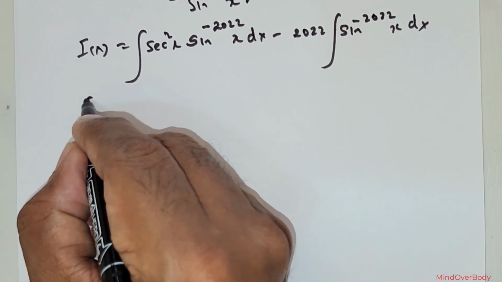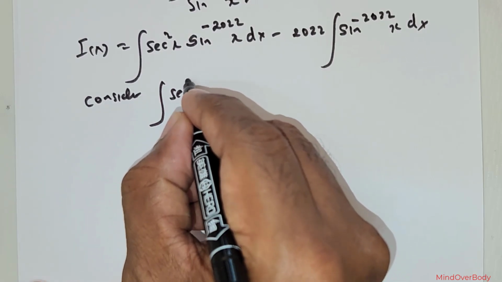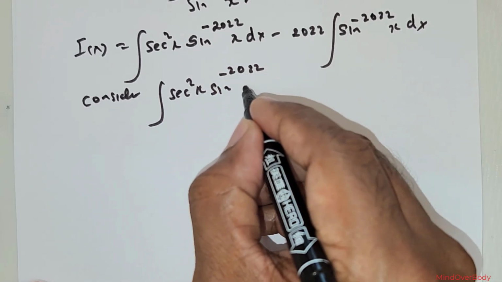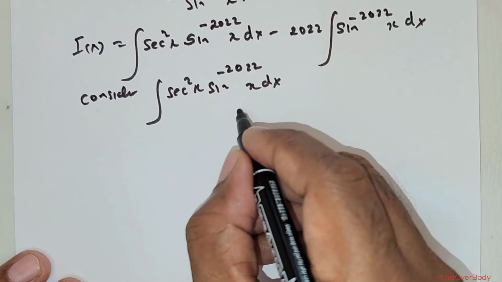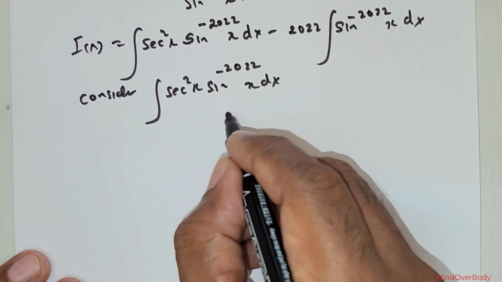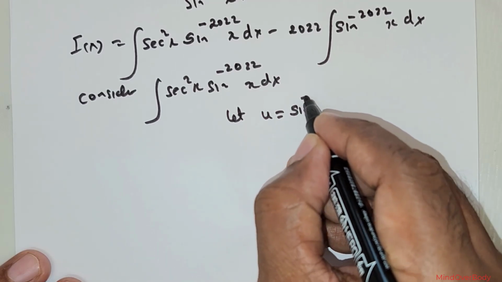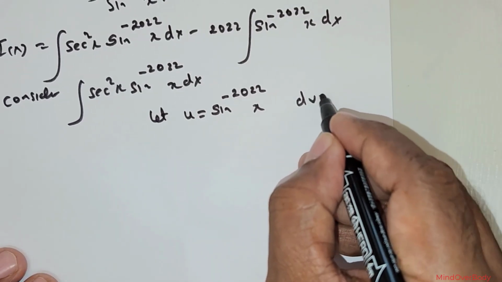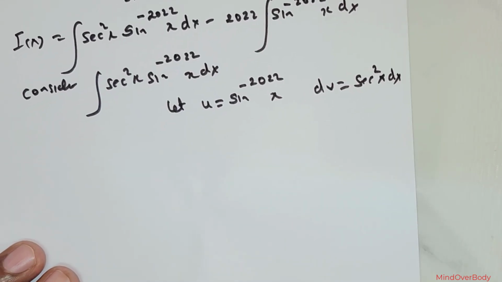Now I will consider the integral of secant squared x times sine raised to the power of negative 2022 x dx. I will use integration by parts and take u to be sine raised to the power of negative 2022 x and dv to be secant squared x dx.